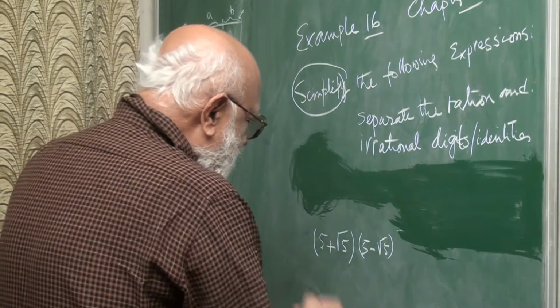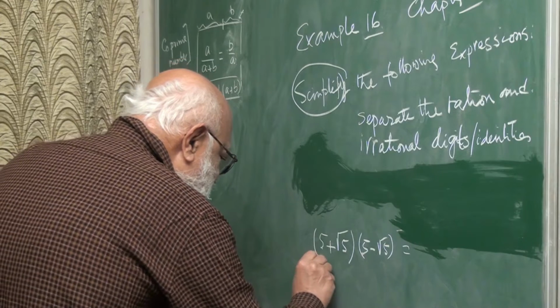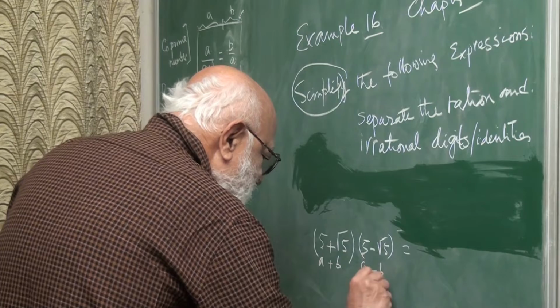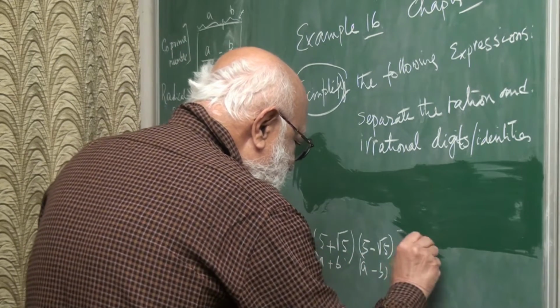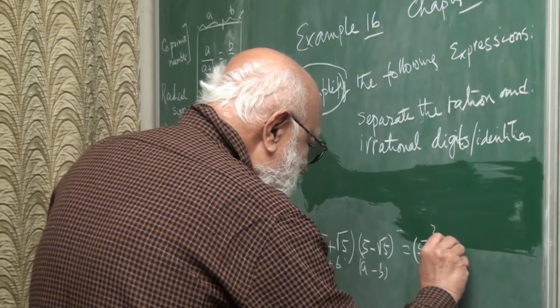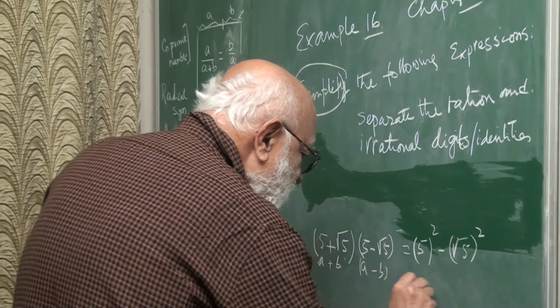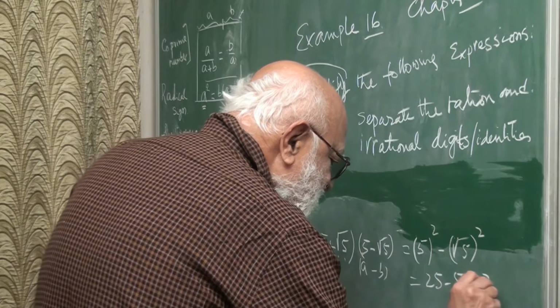So this is a plus b into a minus b, which gives me a square minus b square. So this would be 5 square minus root 5 square, which is equal to 25 minus 5, that is 20.